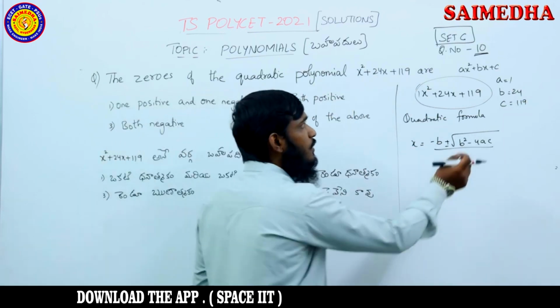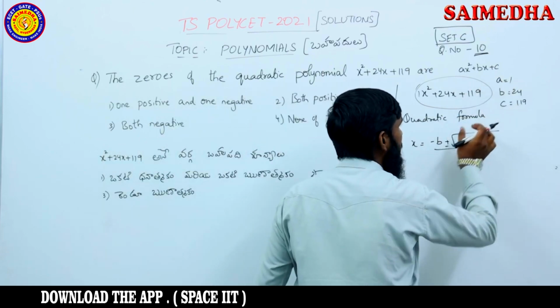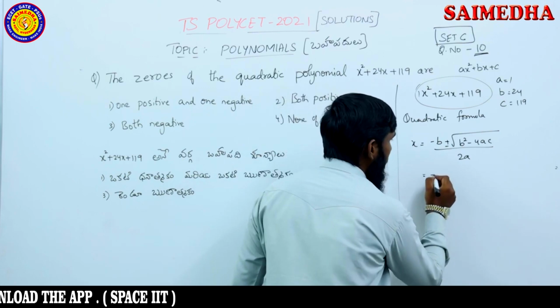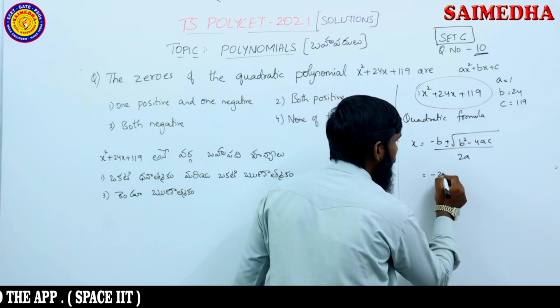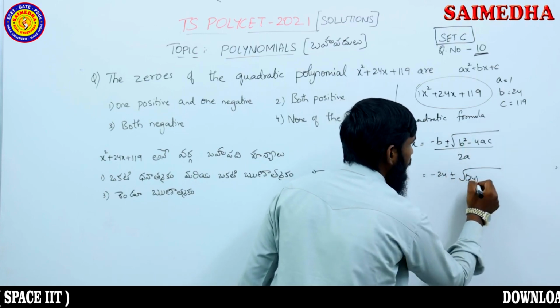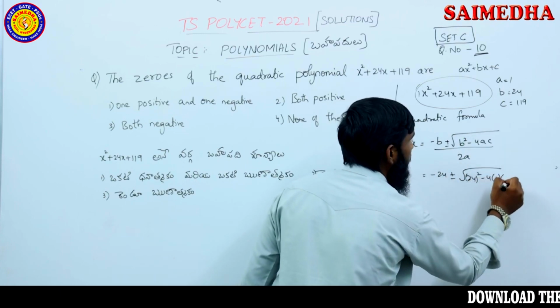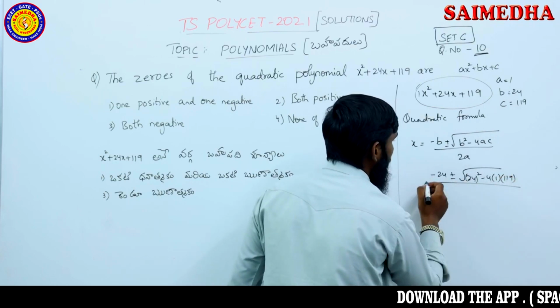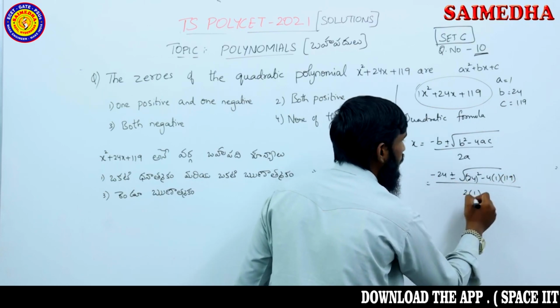Now let us substitute these values of a, b, c in our quadratic formula. So x is equals to minus 24 plus or minus root 24 square minus 4 into 1 into 119, divided by 2 into 1.